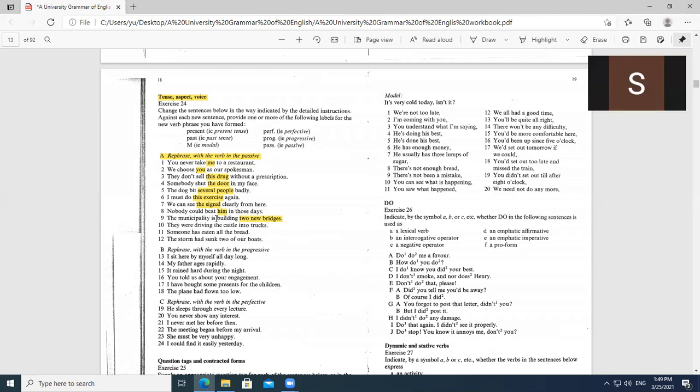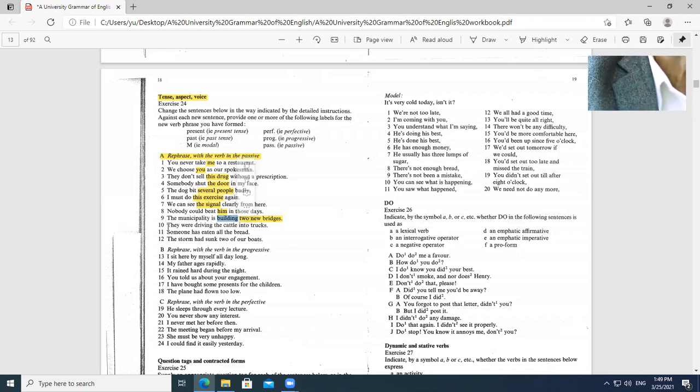Two new bridges are being built. أيوة، نحط by the municipality. إذا مع البروجريسيف we use being والموديل قلنا نحط معها be. اوكي. إذا شو بصير هنا؟ Two new bridges are being إيش؟ شو بصير البيلدينج؟ Built. باص بارتيسيبل. Are being built.